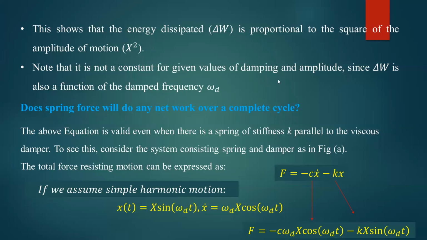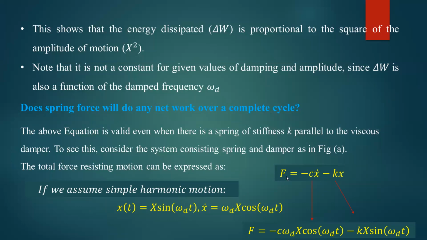We tried to answer this question in the last class: does a spring force do any net work over a complete cycle? The answer is no. To prove that, we assumed x(t) = X sin(ωd t) as a solution for F = −c x dot − kx.